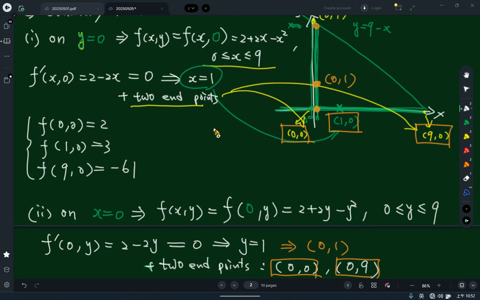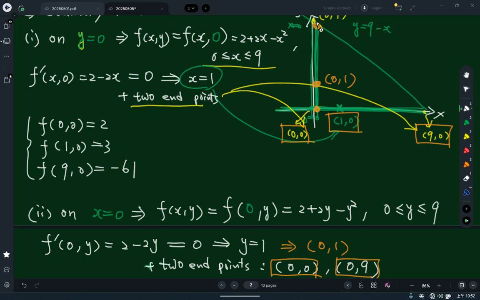Okay, so case 1 and case 2 are quite similar. The only difference is one is focused on the x-axis, the other on the y-axis. Then the third straight line is y equal to 9 minus x.